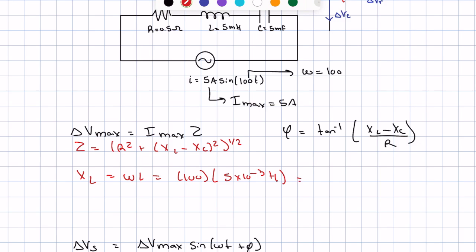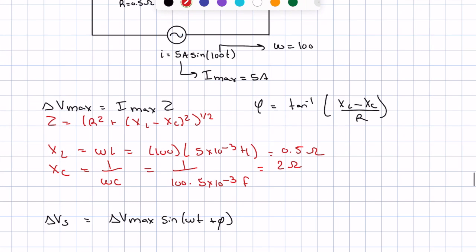This has units of ohms, so 0.5 ohms. XC is the capacitive reactance, and it's 1 over omega C, which is 1 over 100 times 5 times 10 to the negative 3, with units of farads. This is going to be equal to 2 ohms.